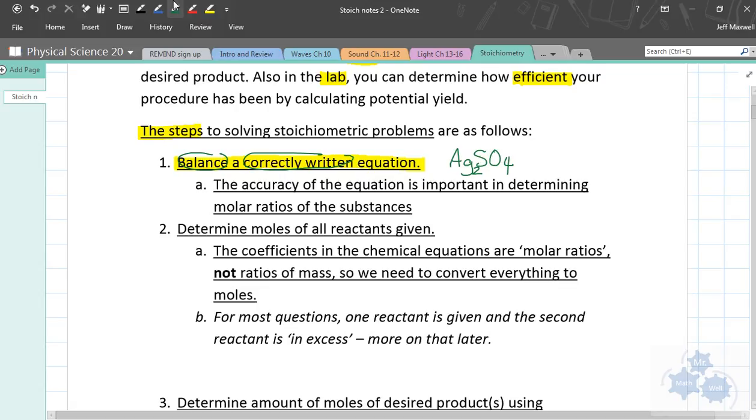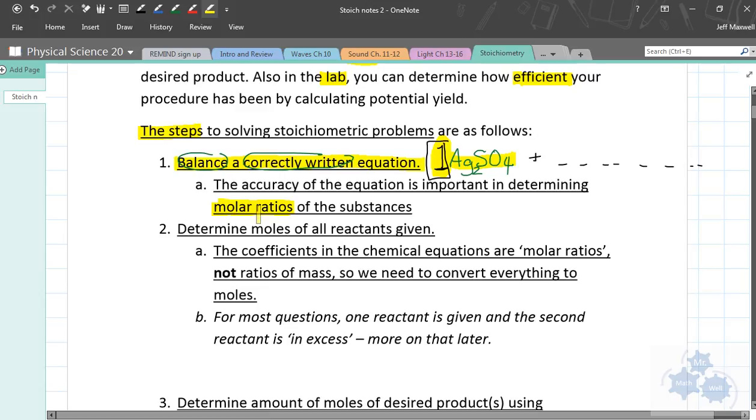This is very important because the numbers, like these numbers right here when you're balancing, the coefficients, are actually called molar ratios. We haven't really talked about what this number actually means other than how many molecules or what's the ratio. It's actually a molar ratio, so we're talking about moles of silver sulfate.